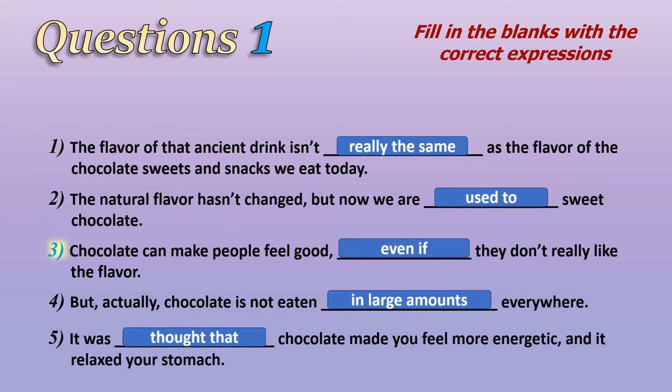Chocolate can make people feel good, even if they don't really like the flavor. Number 4. But actually, chocolate is not eaten in large amounts everywhere. Number 5. It was thought that chocolate made you feel more energetic, and it relaxed your stomach.